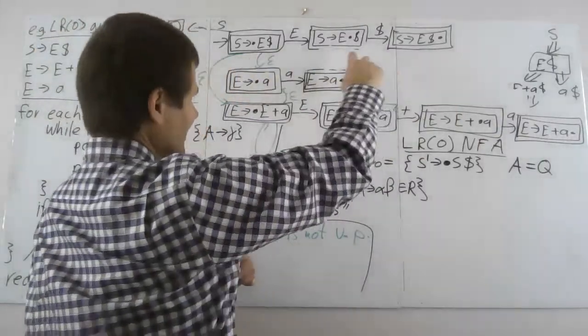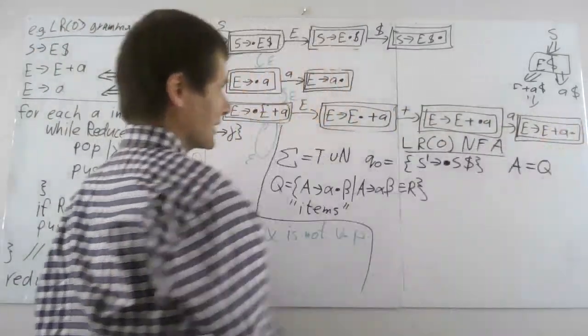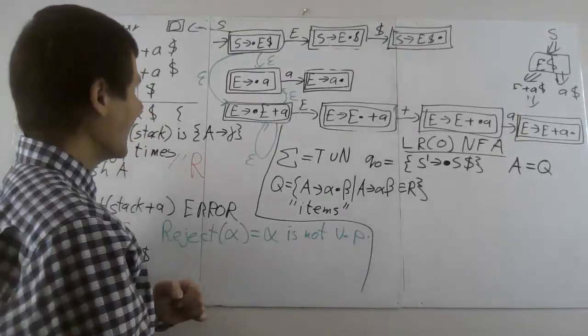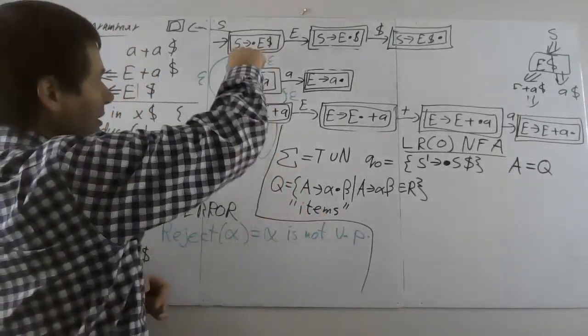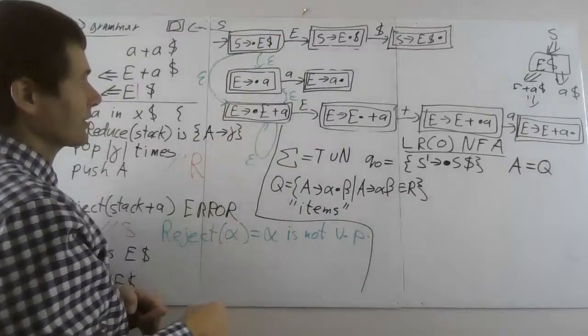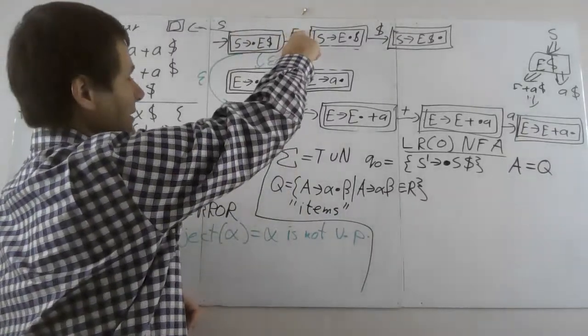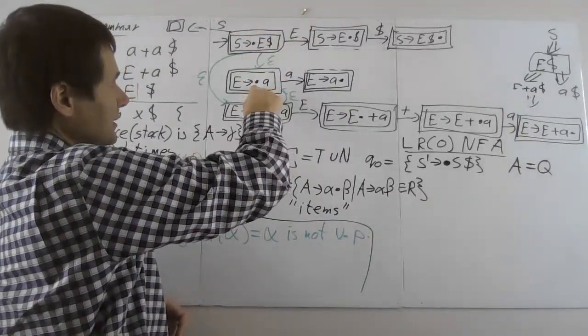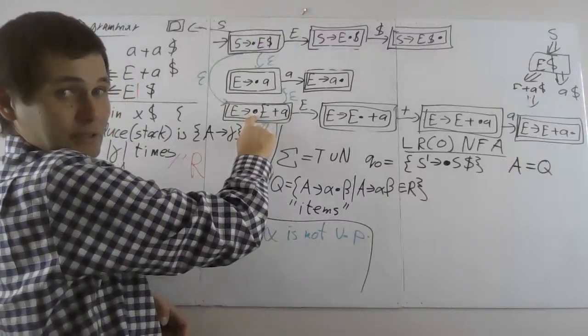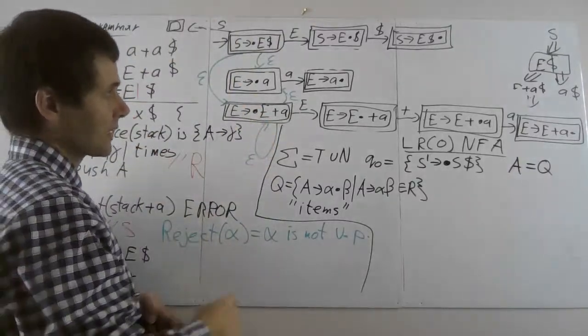So, in this case, this one and this sequence of rules. And I put an epsilon to the beginning of each of those. So here, because I see an E, I need an epsilon to here, and I need an epsilon to here for the two production rules.